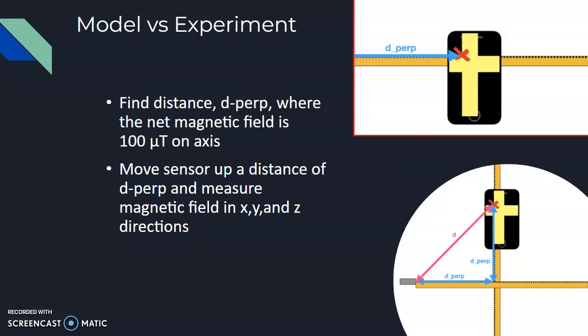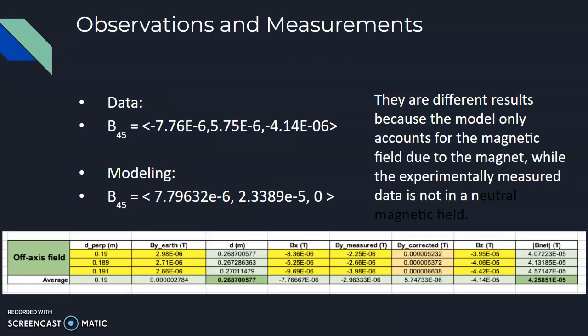So model versus experiment. We find the distance perpendicular where the net field is 100 microteslas, and we move the center of the phone the distance of the perpendicular.